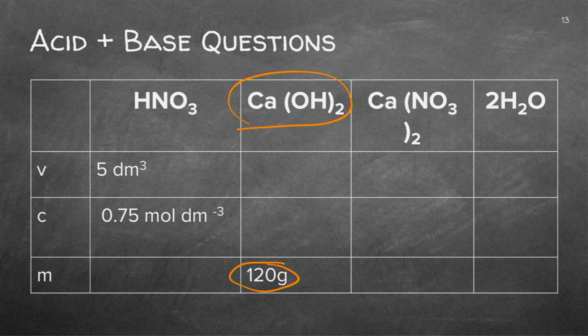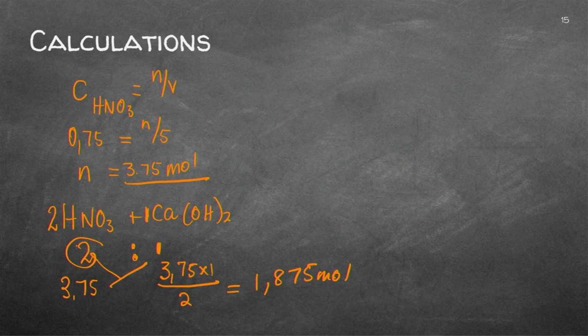You could take that 120 grams and get the moles. You could then say n is equal to m over M. I know I want 1.875 mole. I need to calculate the mass, and that's my molar mass for calcium hydroxide. If you then get the mass, you'll see it's 138.75 gram.